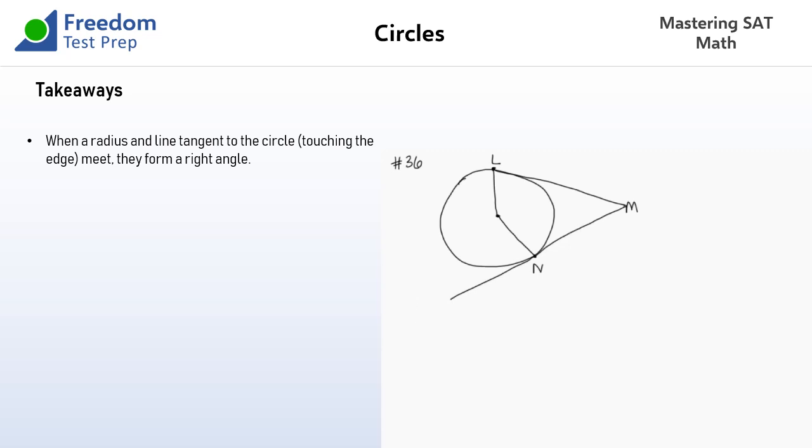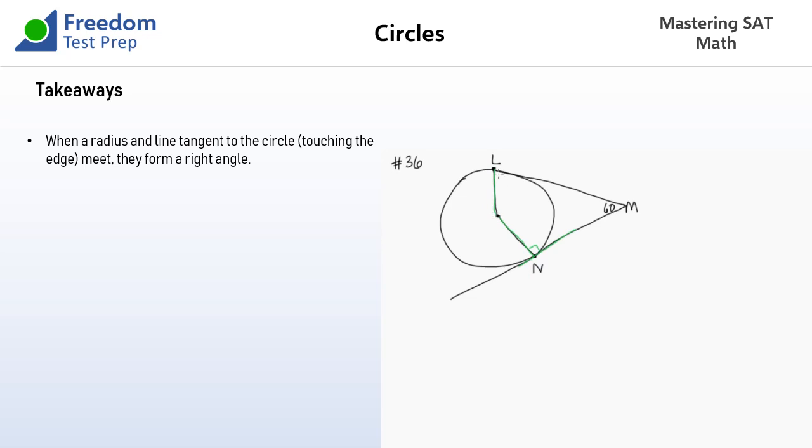Now, here's an important rule. Oh, they say that M is 60. All right, here's the rule. When you have a radius and a line that is tangent to that radius, you form a 90-degree angle. And the same would be true up here.